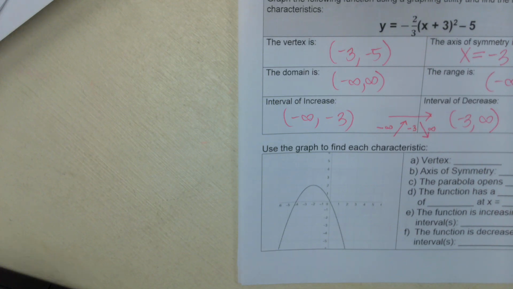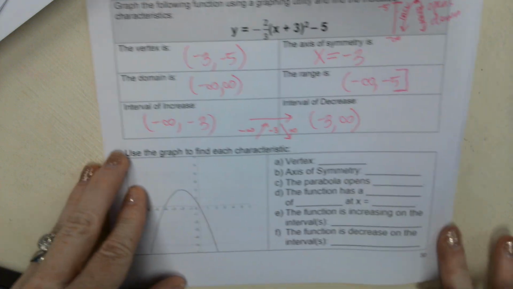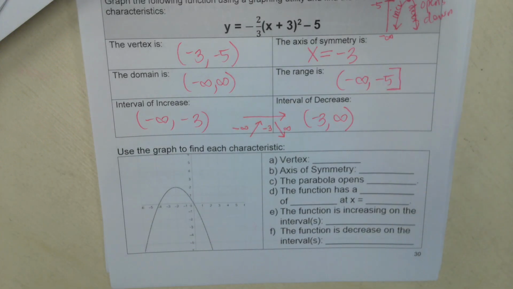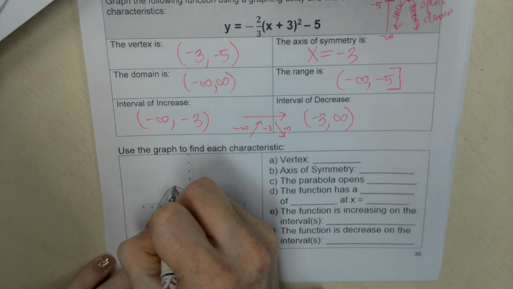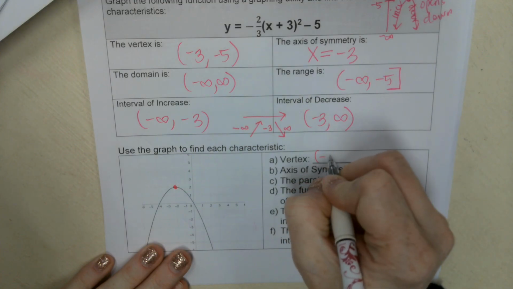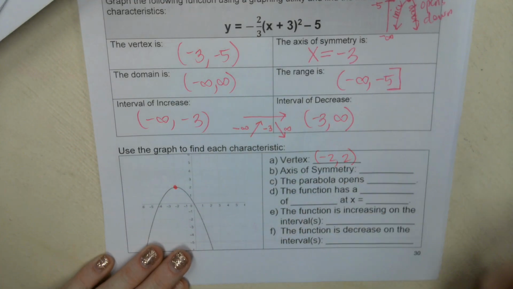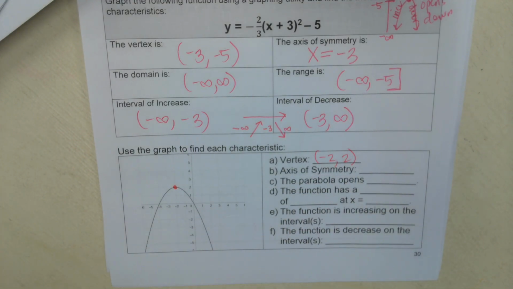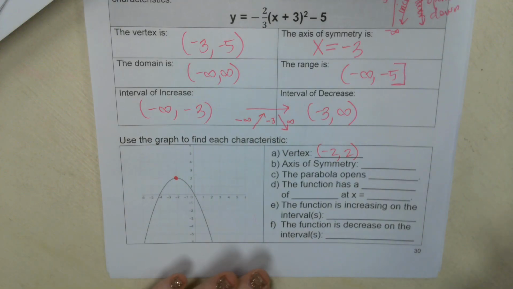Now, if you are given a graph, let's say you don't even have an equation, you should still be able to pick out all of this information just by looking at the graph. Where is this vertex located? -2, +2. What's the axis of symmetry then?